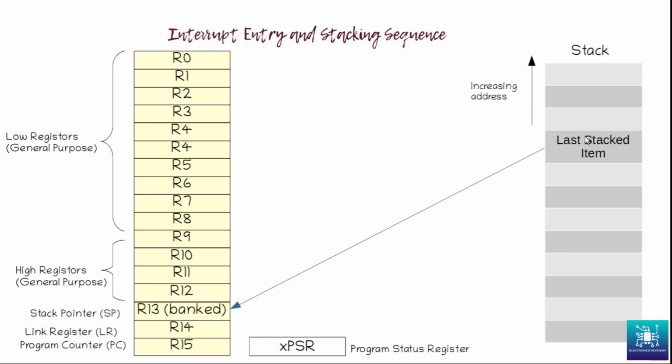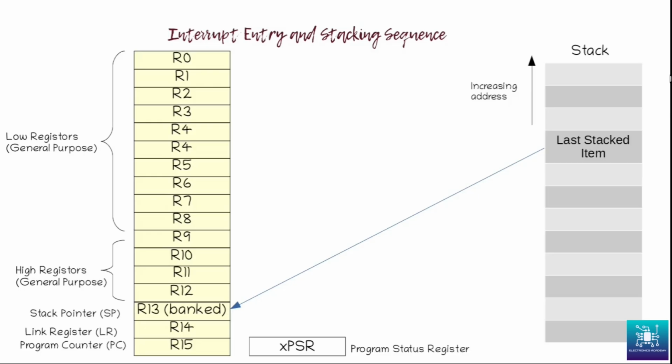So let's assume that this is the last stacked item. The previous stack is here, whichever function has left a stack. And the blue arrow is indicating that R13 holds the address of this particular memory location.